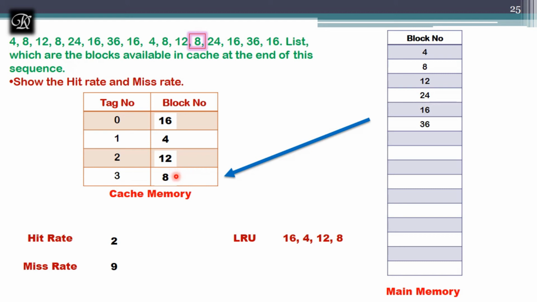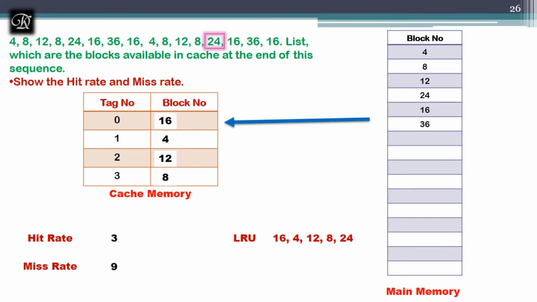So I have to increase the hit count and change the order of 8. 8 should be marked as just recently used. The next block is 24. 24 is not available in the cache, so I have to find a place. If I go through the replacement algorithm, it suggests 16 should be replaced. So I'm going to replace the 16 block with 24 and increase the miss count by 1.